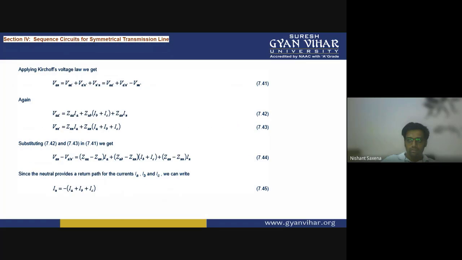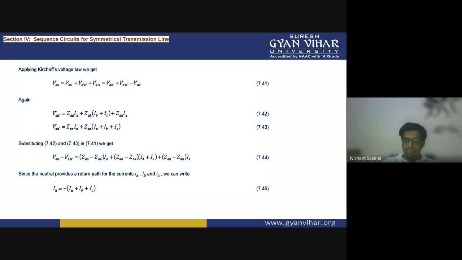Now, if you apply Kirchhoff's law, then we will get that VAN will be equal to VAA dash plus VA dash N dash plus VN N dash, which is nothing but VAA dash plus VA dash N dash minus VN N dash.